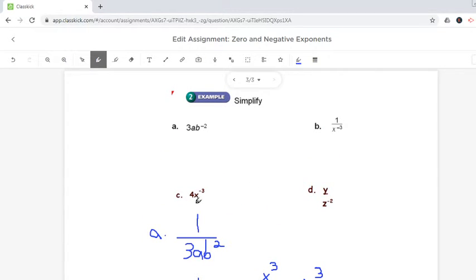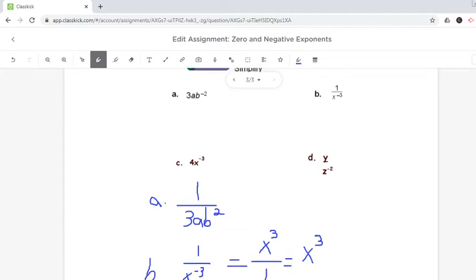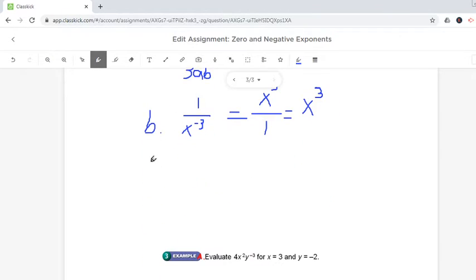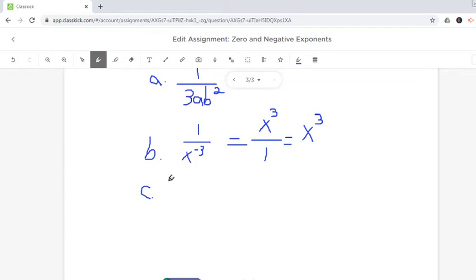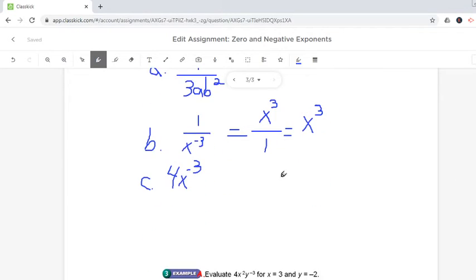Okay. C, 4x to the negative third. Okay. So we have a negative exponent.